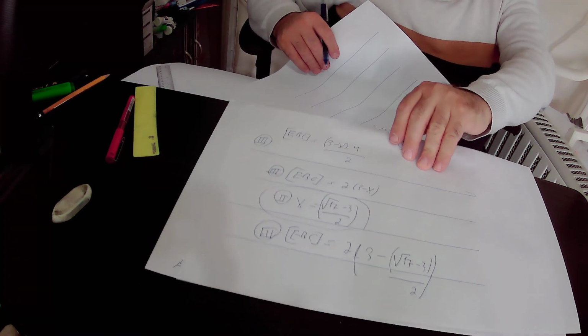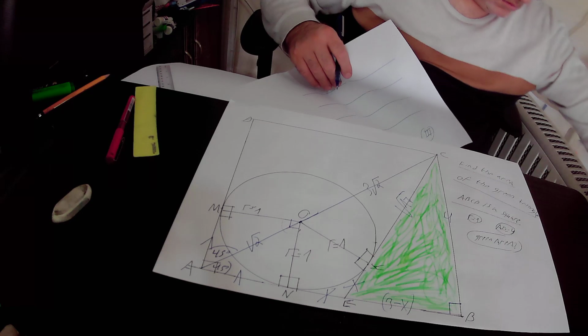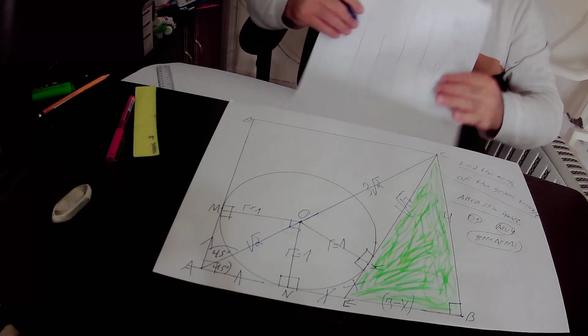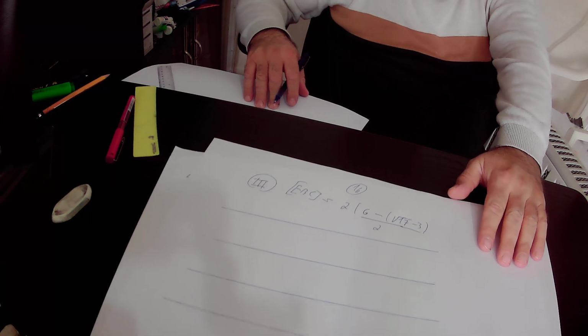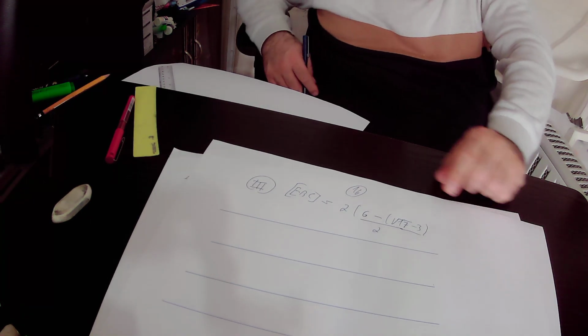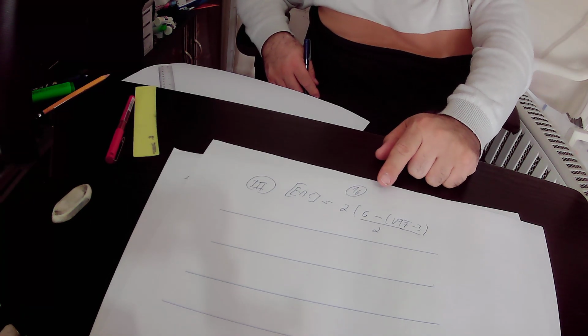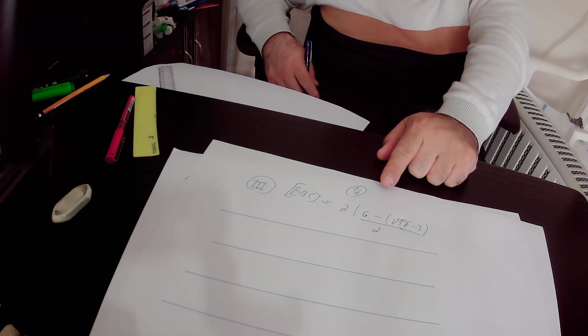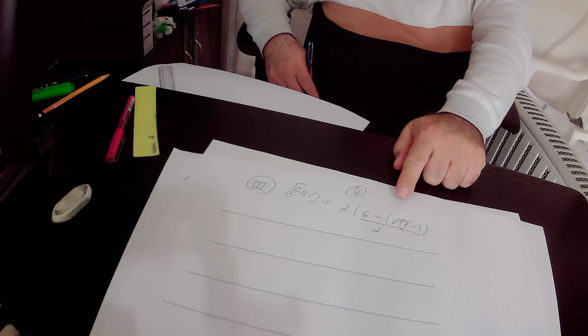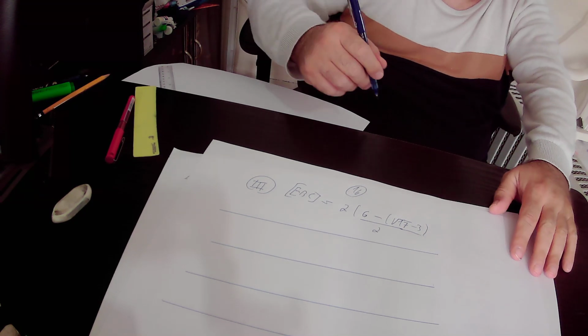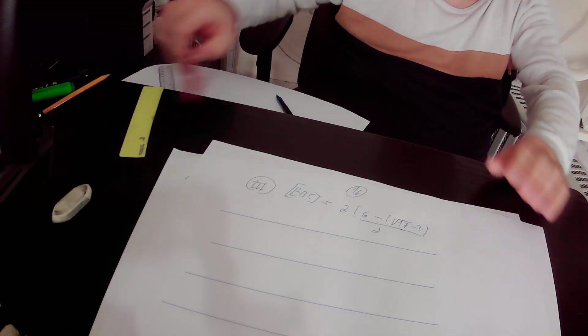So here we got that the area of the triangle equals 2 times (6 minus square root of 17 minus 3) over 2. 2 over 2 is 1, so the 2 will get cancelled.